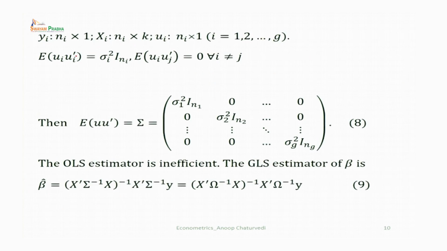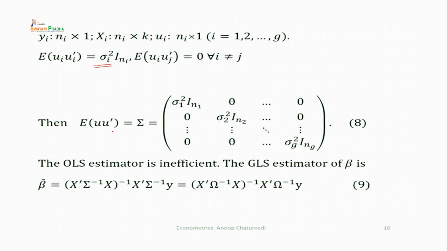Then expectation of u_i u_i transpose is equal to sigma_i square I_{n_i}. So, actually sigma_i square is the variance of observations for the ith group, and expectation of u_i u_j transpose is equal to 0 for all i not equal to j. So, different observations are uncorrelated with each other, or you can say different groups are also uncorrelated with each other.